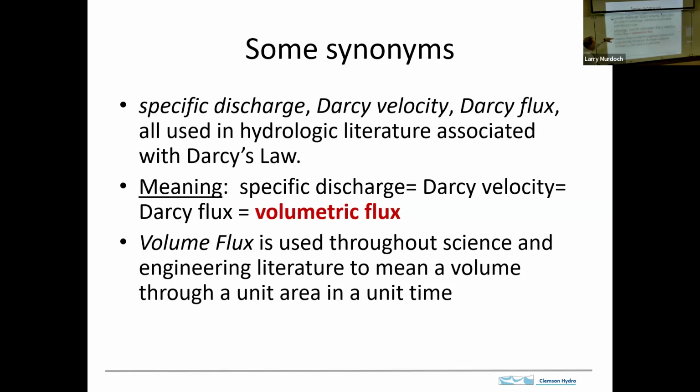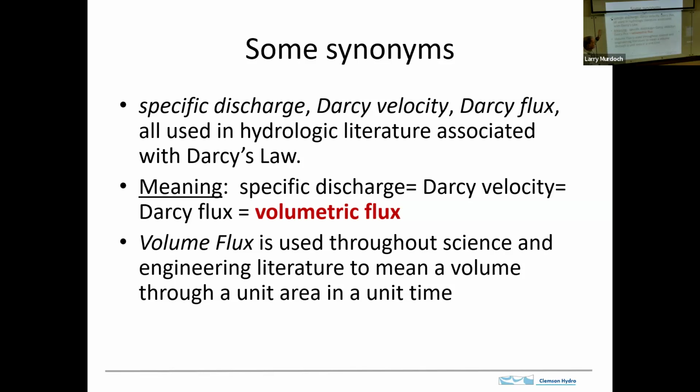So I'll always use this term, but you'll find in readings in the textbook, and if you're out practicing, there are other terms that are used. Here are a couple of them: specific discharge, Darcy velocity, and Darcy flux. Those are some of the common ones. They mean this.